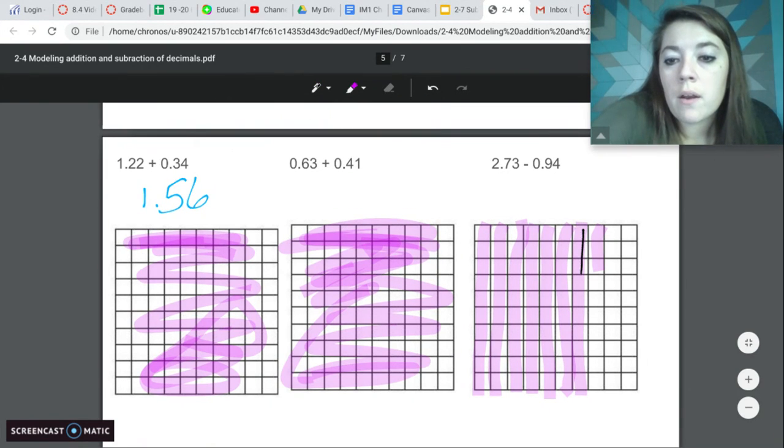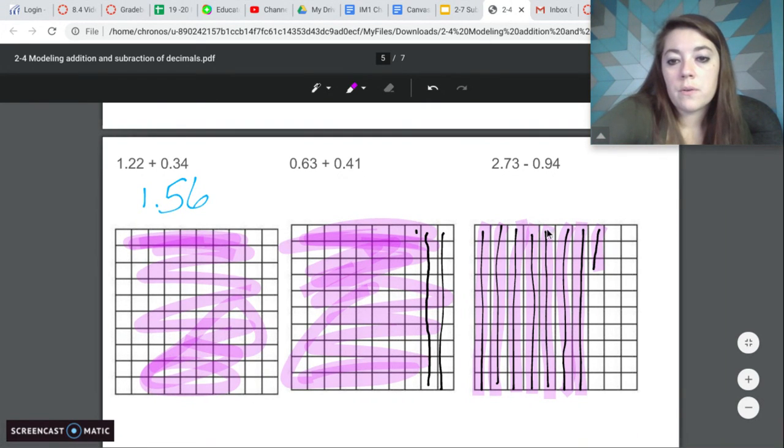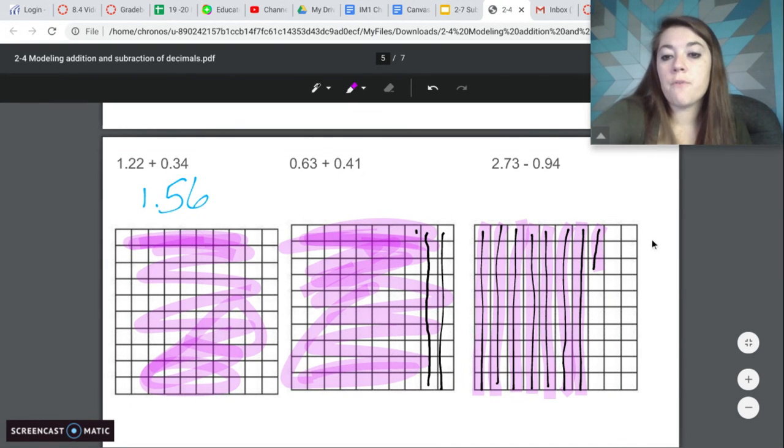So there's 10, 20, 30, 40, 50, 60, 70, 80, 83, 84, 85, 86, 87, 88, 89, 90, 91, 92, 93, 94. So we've got the 94 crossed off.